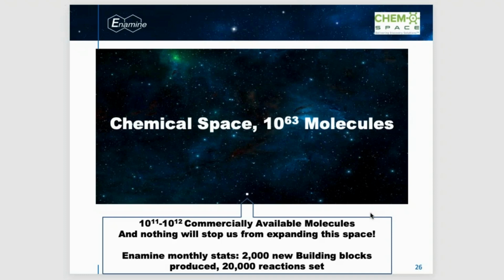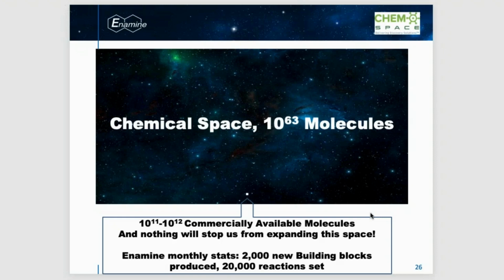And if we're talking about Enamine, the company works hard to generate more and more experimental knowledge by producing over 2,000 new building blocks and over 20,000 new screening compounds every month. And this is used to expand the chemical space of REAL compounds and MADE compounds.